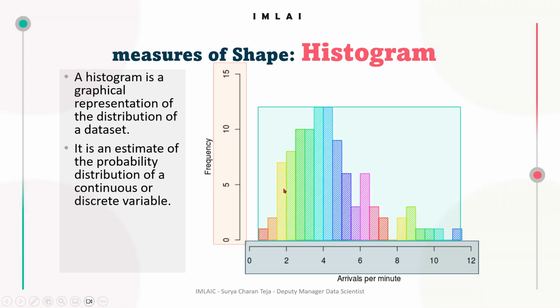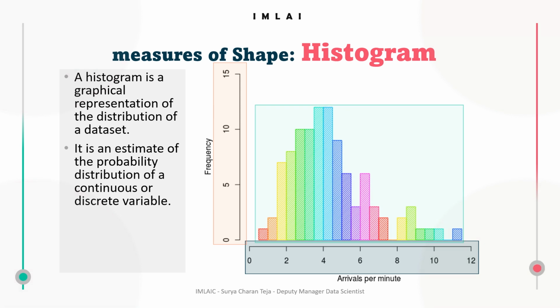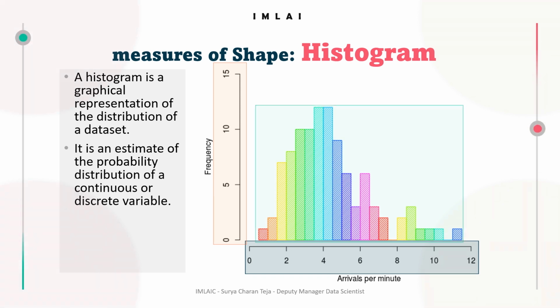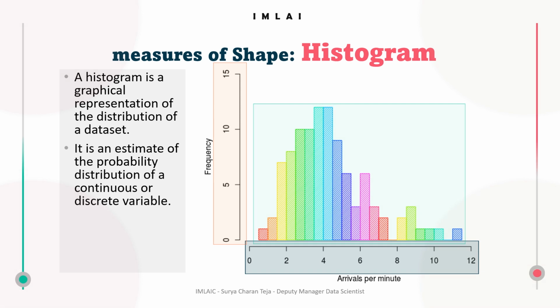The bars in a histogram represent the count or frequency of data points falling into each bin. The height of the bars corresponds to the count or frequency of data points in each bin. The bars are typically drawn vertically, but they can also be drawn horizontally.